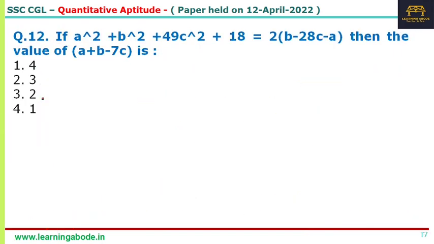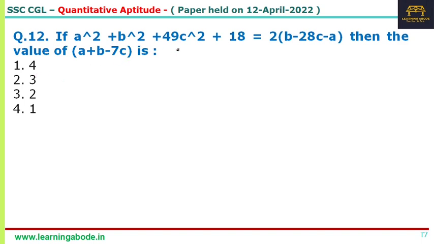Now question number 12, we have a square plus b square plus 49c square plus 18 is equal to 2 into b minus 28 c minus a. Then what is the value of a plus b minus 7c? Okay, so let's just try to write what is given.